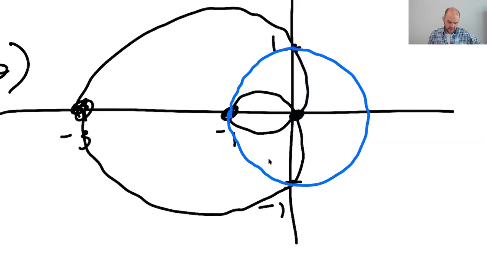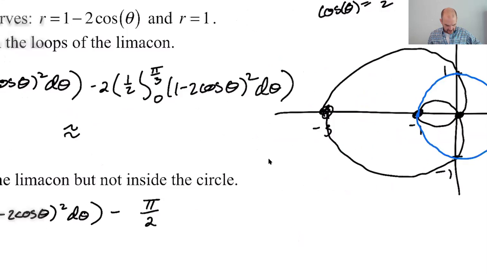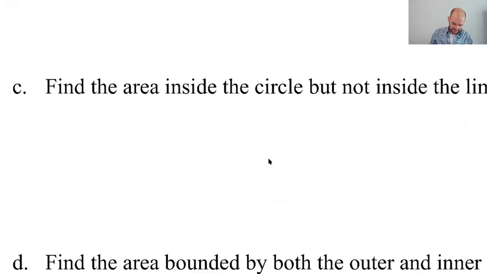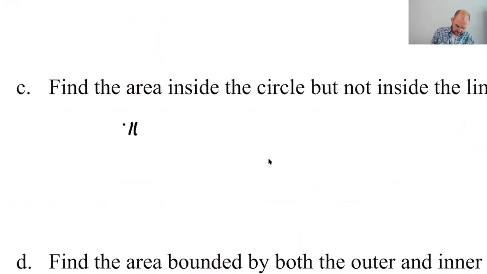So I'm going to do 2 times a quarter of the circle, so basically half the circle. And then, oh, did I forget that last time? No, I did not. Okay, 2 times a quarter of the circle, so half the circle, minus the limacon from pi over 3 to pi over 2, times 2. That's my plan. So half the circle minus, what did I say?